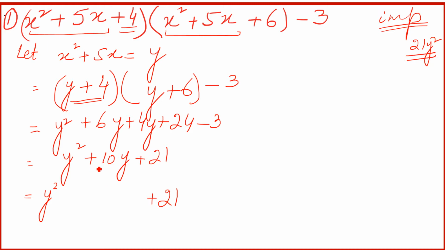The center term 10y, I have to write in such a way that as two terms, when I add them, it should be equal to 10y, but when I multiply those two terms, it should be equal to 21y². So if I write 7y + 3y, 7 times 3 is 21y², and 7y + 3y is equal to 10y.